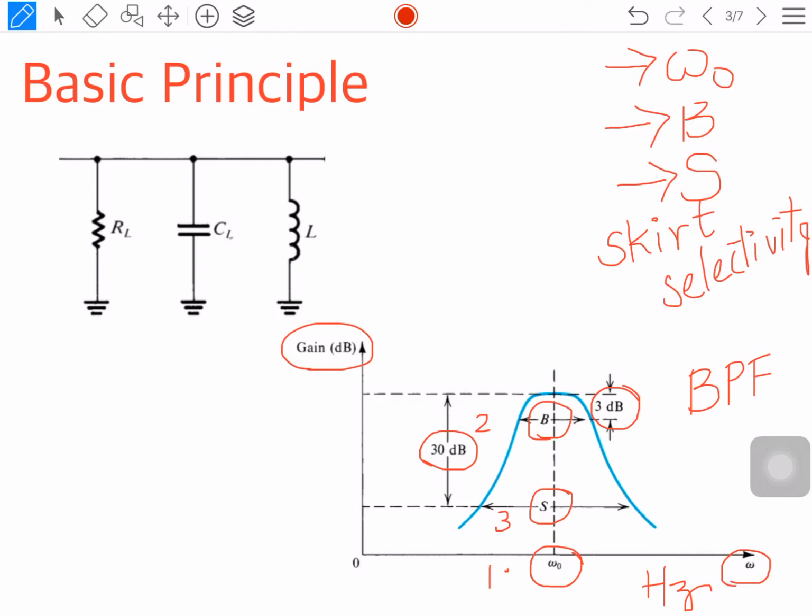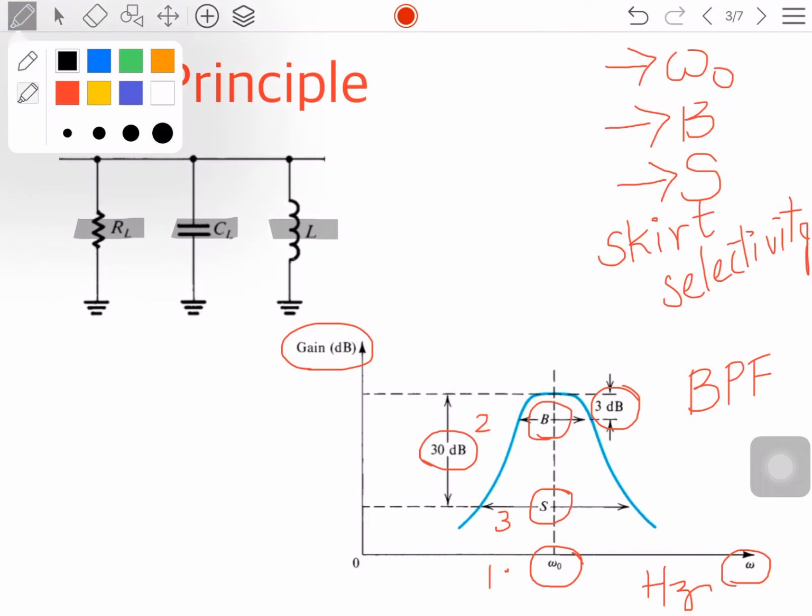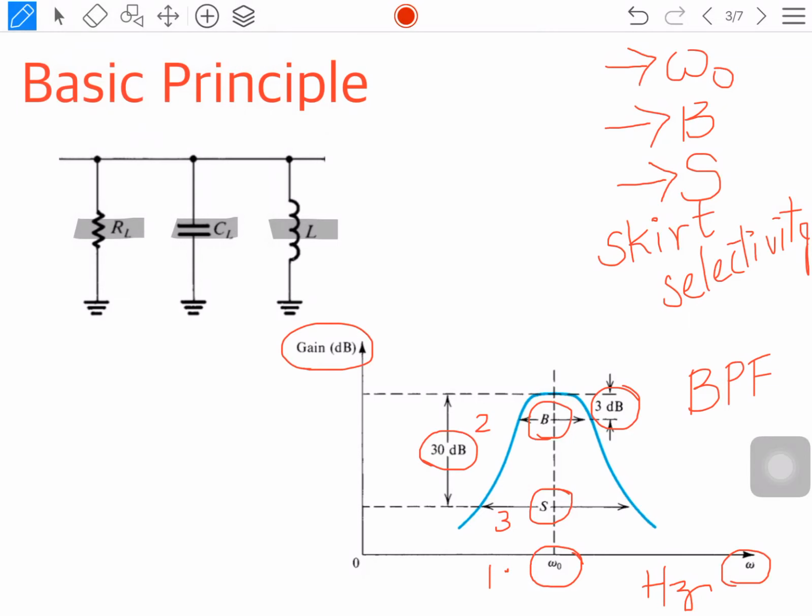How is it possible to get such a narrow bandwidth? A tuned circuit is used, which has a parallel combination of one resistor, one capacitor and one inductor. Whenever a tank circuit is developed with a parallel combination of three passive elements, resistor, inductor and capacitor, at that particular frequency we will generate a frequency response having a maximum value at that point.